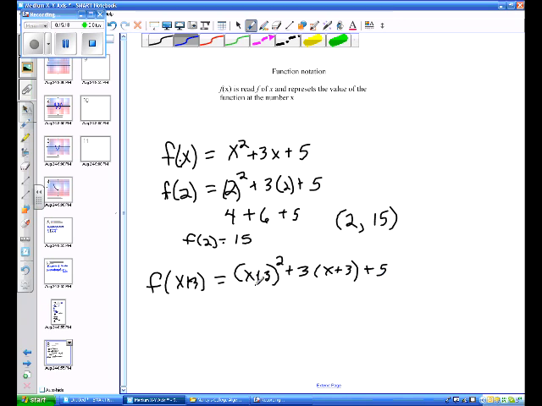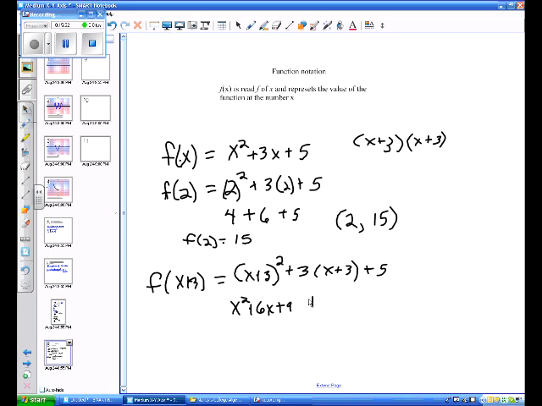Evaluating this, we would square this, so we would multiply x plus 3 times x plus 3, and we'll get x squared plus 6x plus 9. We've done that quite a few times, so I'm not necessarily going to go through the whole multiplication. Some of you may know the pattern of the first term squared, plus twice the product of the two terms, plus the last term squared. And if you do, that's fine, but you just go through and multiply it out.